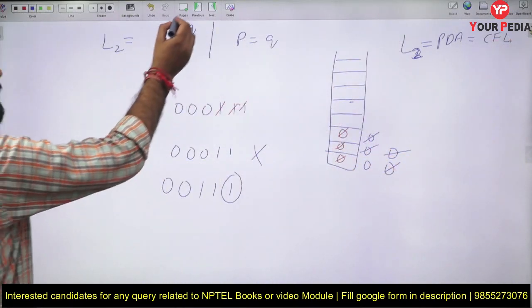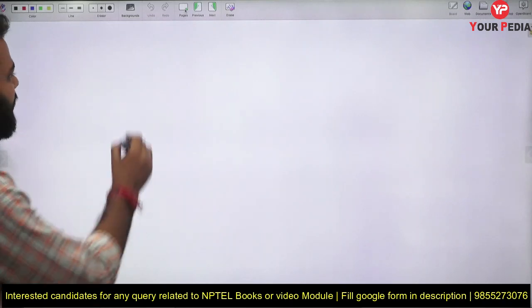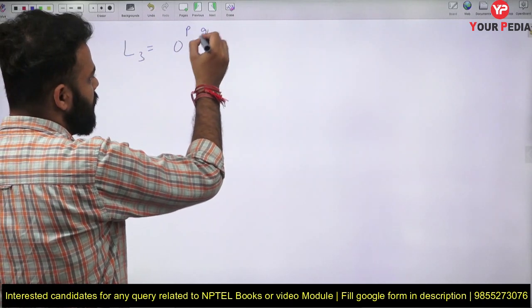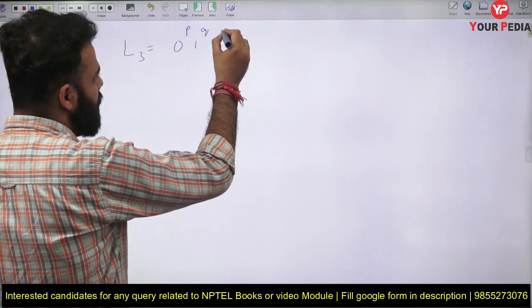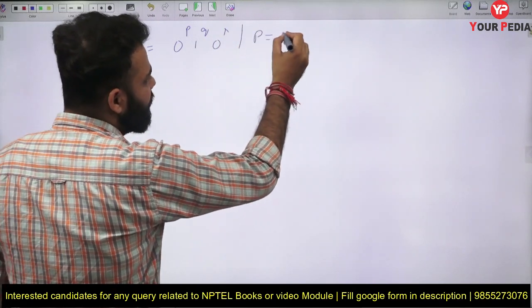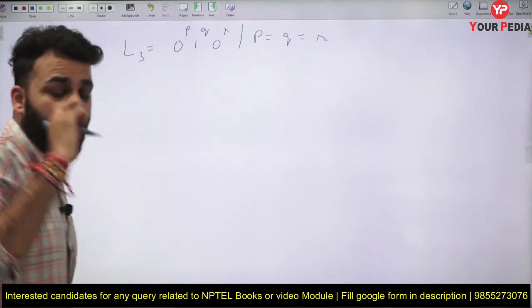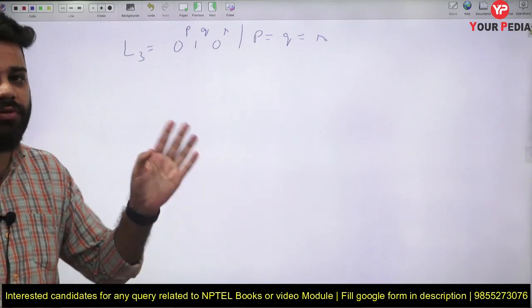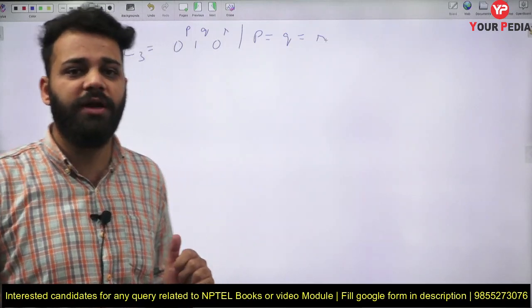Now let's move on to the third language, L3. You only have two options for stack, pop or push. You can do these two operations only on stack.